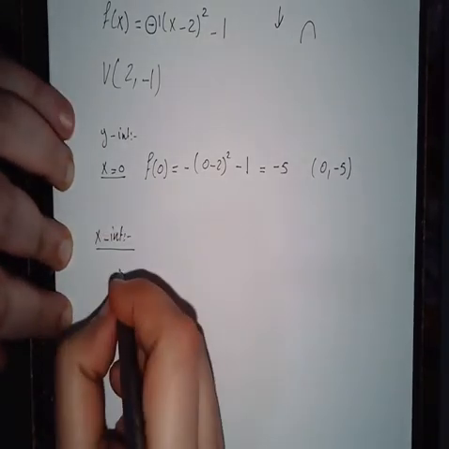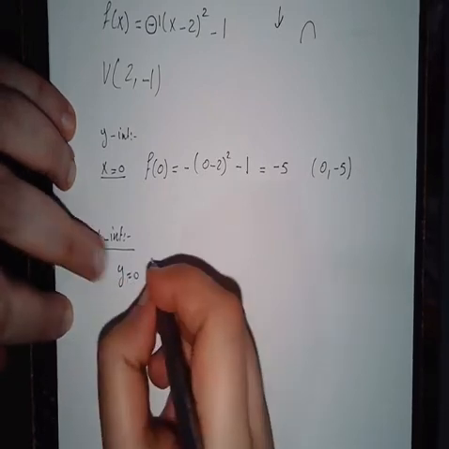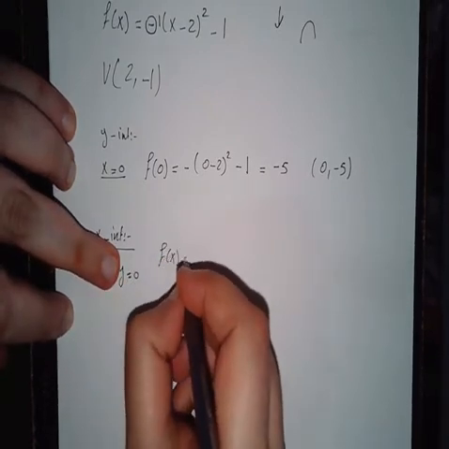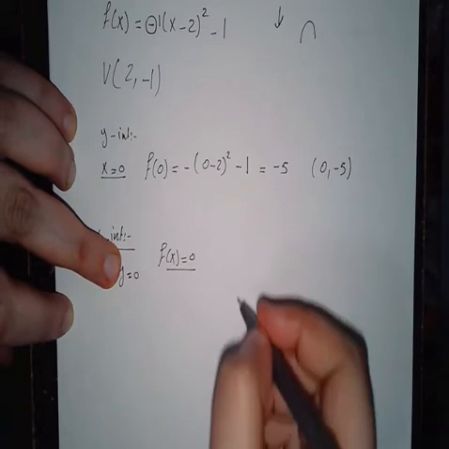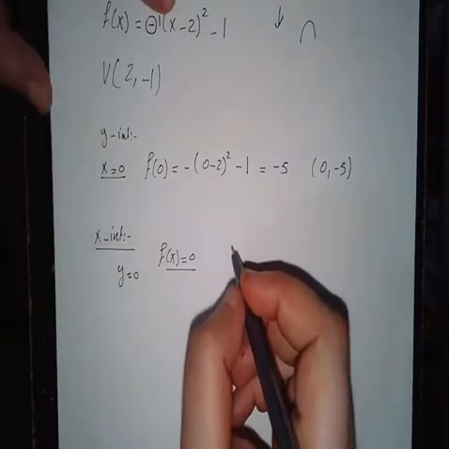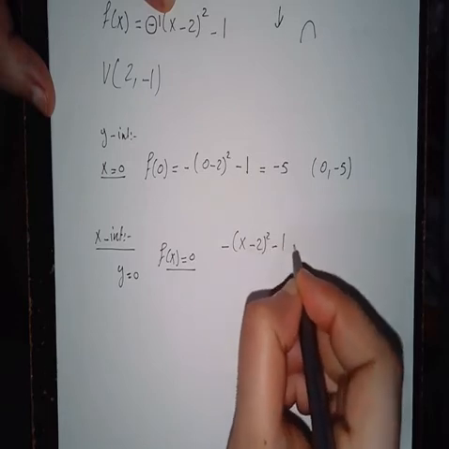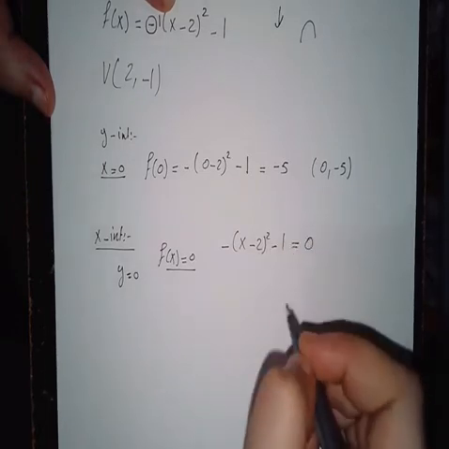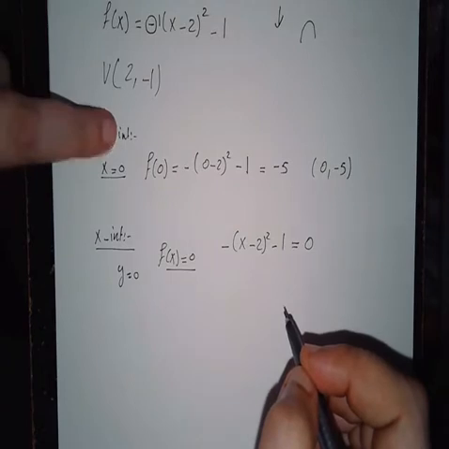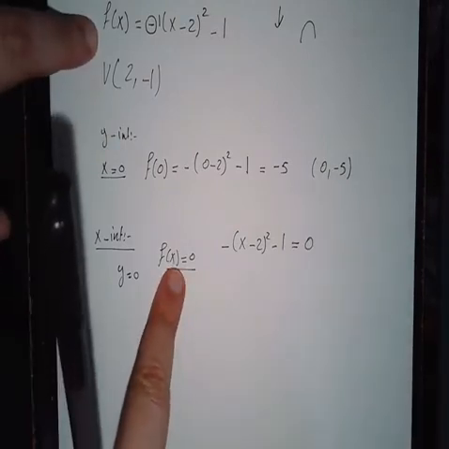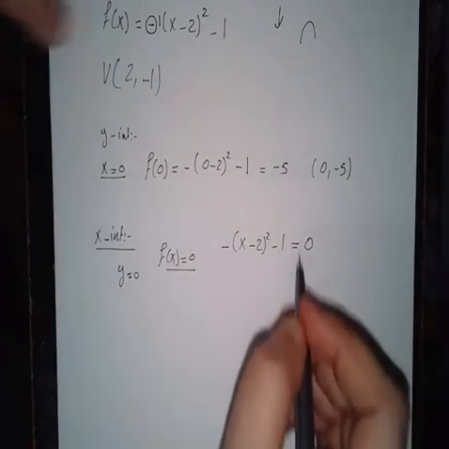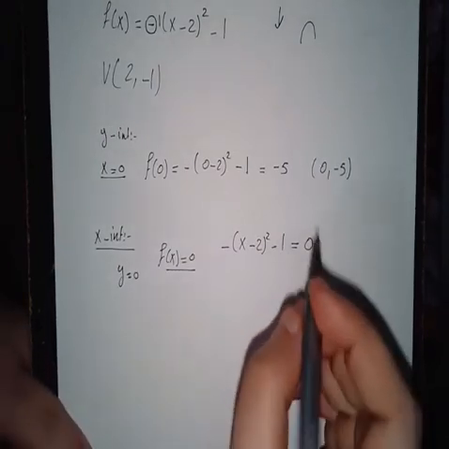For the x-intercept, you have y equals 0, which basically means that your f of x itself is 0. Which means I'm going to grab the function I gave you, which is negative times x minus 2 squared minus 1, and it's going to equal 0, because I'm setting it equal to f of x, which I just said is 0. Make sense? And then we solve for x.